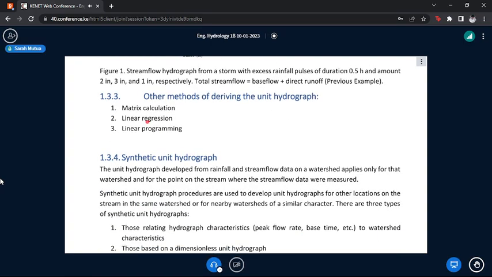Anyway, so there are other methods of deriving the unit hydrograph. You write a matrix for the deconvolution equation. You can use linear regression. You can use linear programming to calculate it. But really, it's one of the easiest things to calculate manually, so most of the time that is not really necessary, although you can apply the matrix.